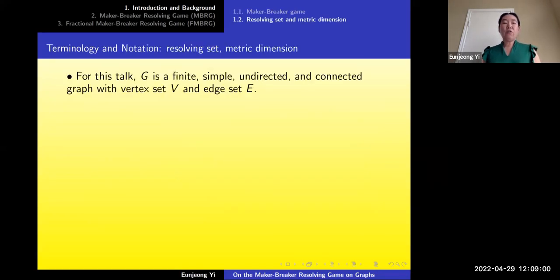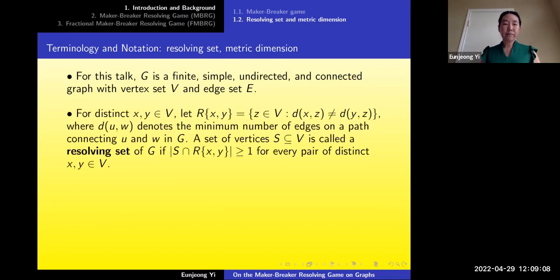So for this talk, a graph G is a finite, simple, undirected, and connected graph with a vertex set V and edge set E. Next.